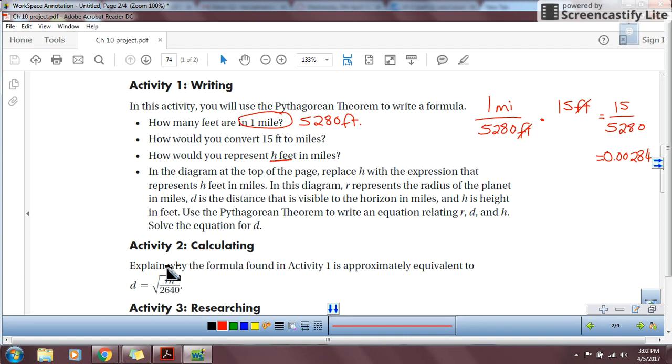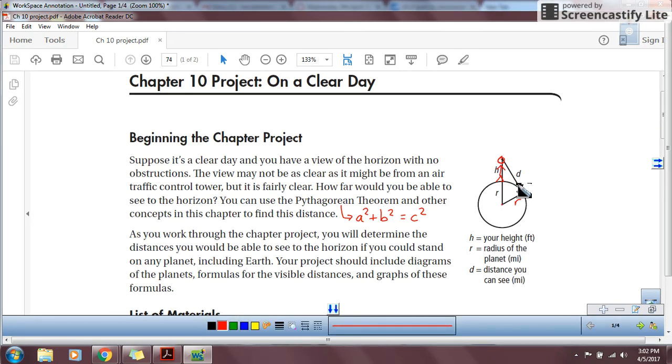Now, calculating and trying to figure out this formula. This is what I want to show you. Remember our triangle right here. a squared would be r, b squared would be d, c is r plus h. Okay, c is r plus h.